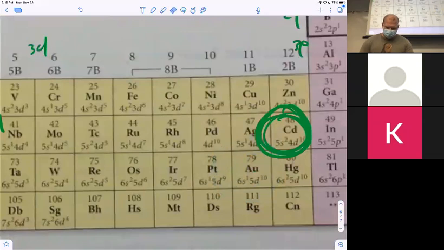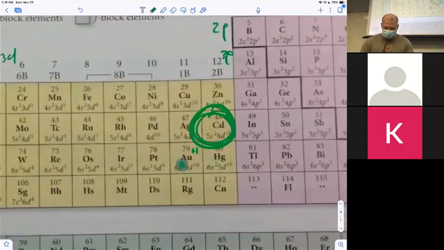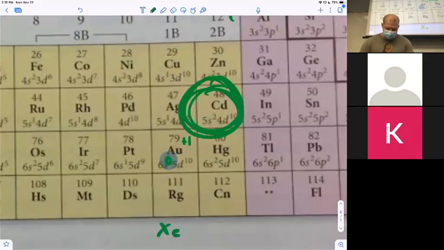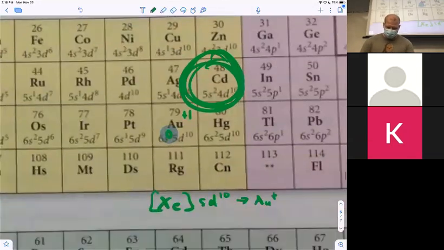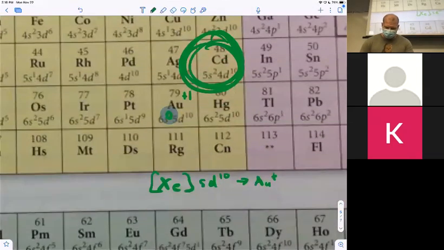Well, this is gold metal, and then for the +1, this would just become 0, and you would have xenon 5d10 for gold +1. Gold +2? Well, gold doesn't really have a +2, it has a +3.